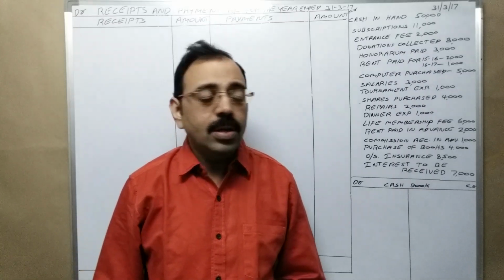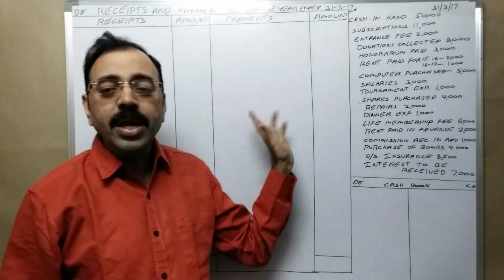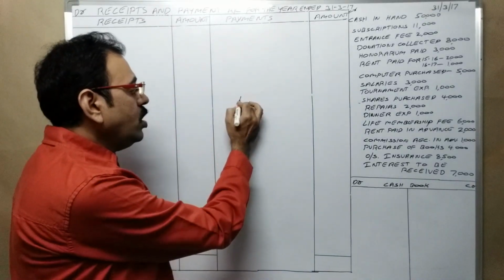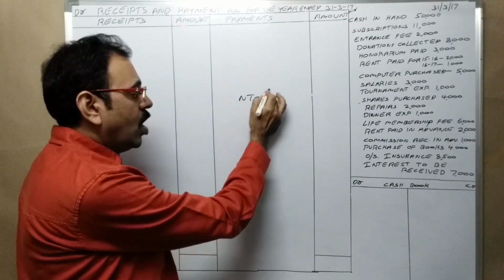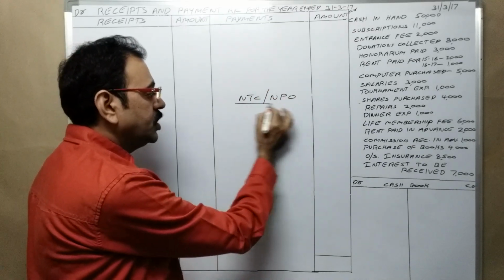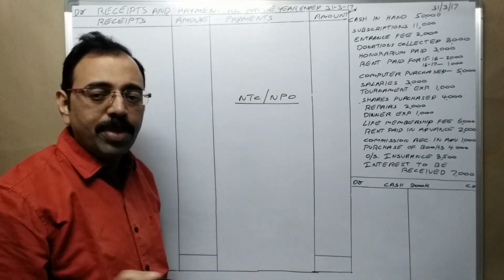Right. Receipts and payments account. Non-trading concerns are not-for-profit organizations. They prepare final accounts.